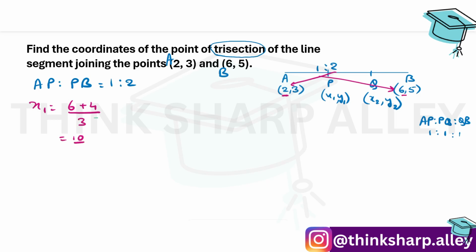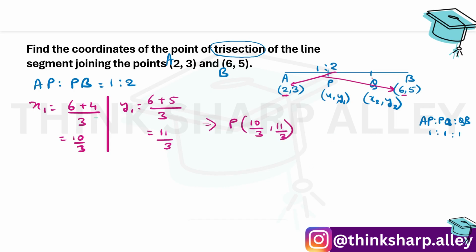So that gives me 10 by 3, while y1 is equal to 2 times 3, 6, plus 1 times 5, by 2 plus 1, 3. That's 11 by 3. So we have got the coordinates of P, x1, y1, 10 by 3 and 11 by 3.